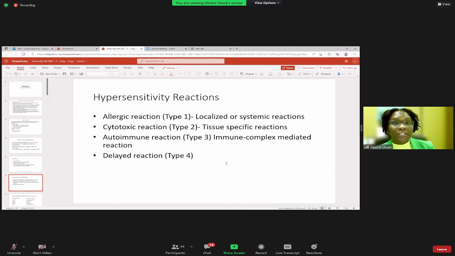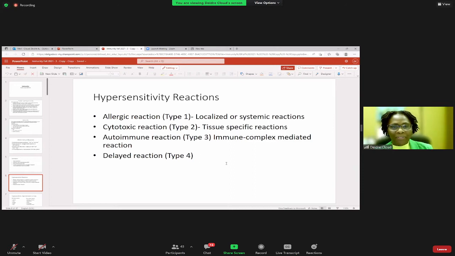So there's four different reactions. There's the allergic reaction type 1, which is localized or systemic, and that's your reactions that occur right away. And that's your urticaria, your rhinorrhea, your hives. All of those are systemic reactions, your rashes. And then secondly, there's type 2 reactions, which are your cytotoxic reactions. And there's tissue specific in cases of hemolytic reactions from blood transfusions and also ABO incompatibilities.